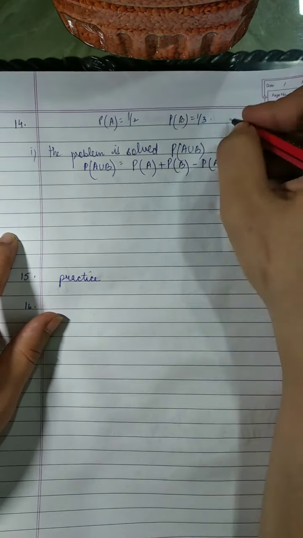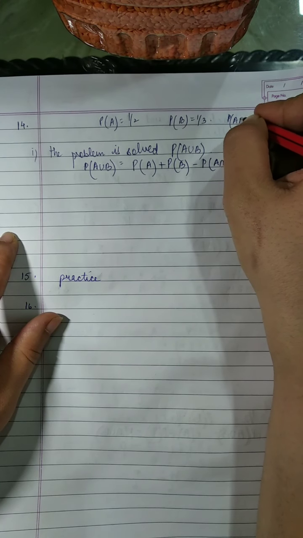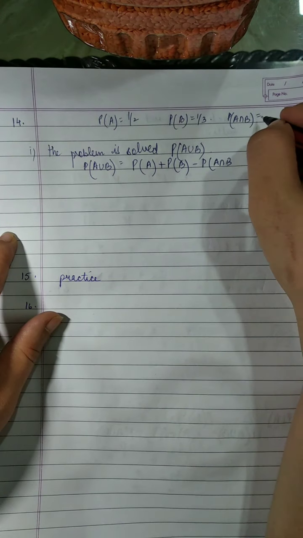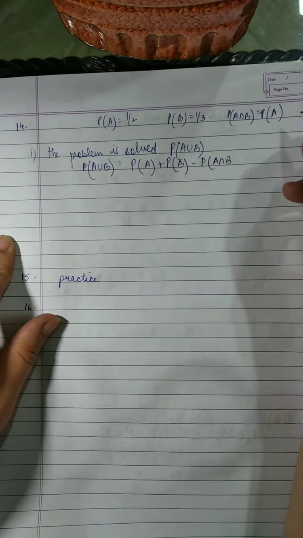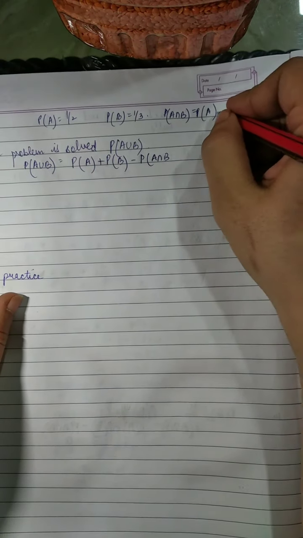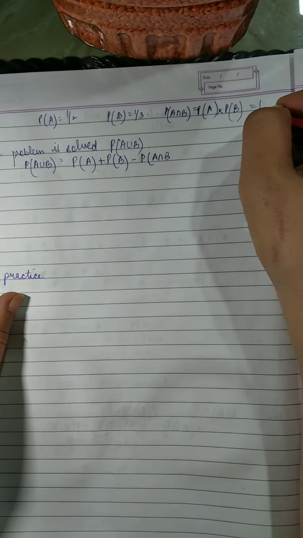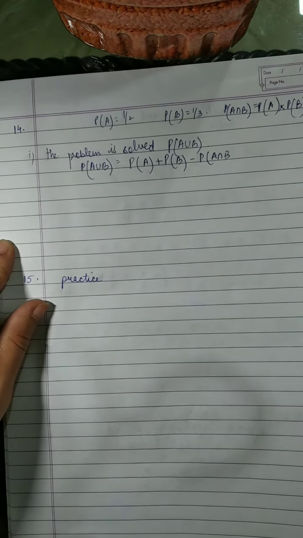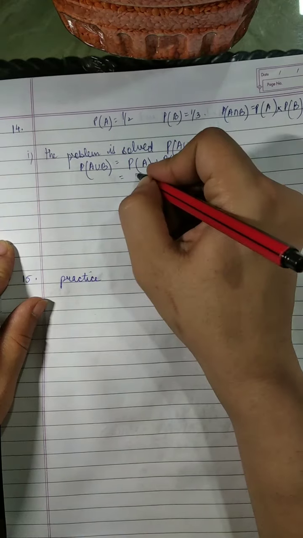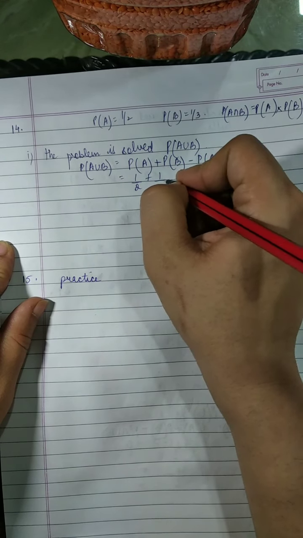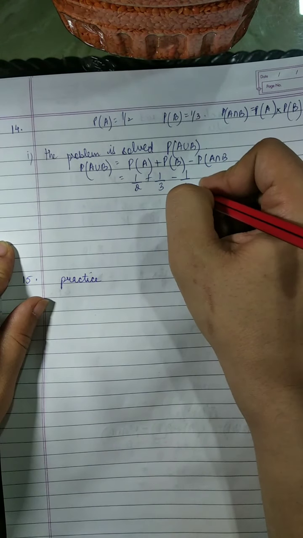Because we are talking about independent events, P(A intersection B) is P(A) into P(B). That is 1 by 2 into 1 by 3, which becomes 1 by 6. Now P(A union B) is 1 by 2 plus 1 by 3 minus 1 by 6.